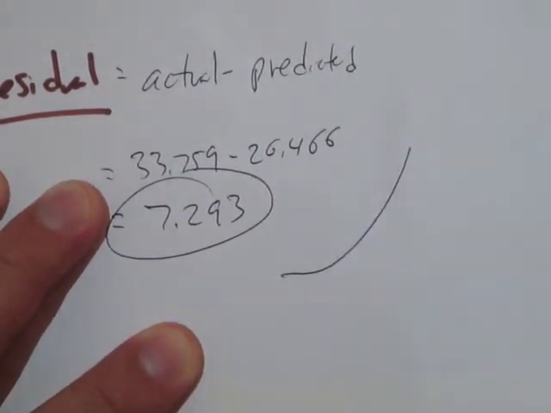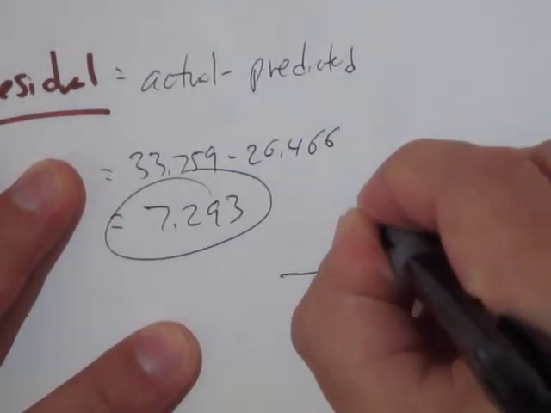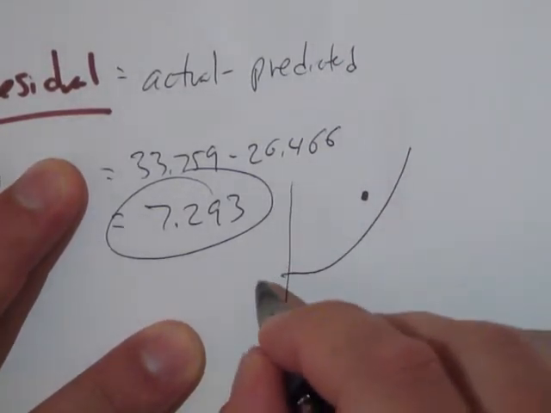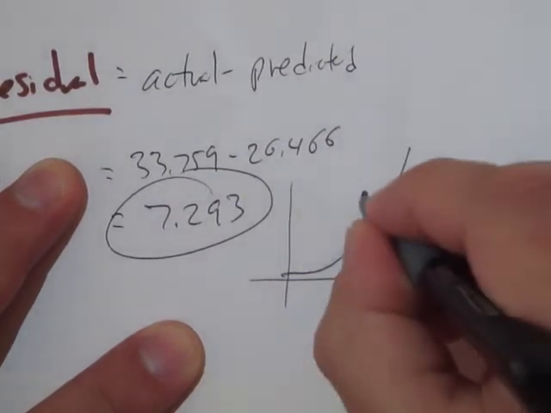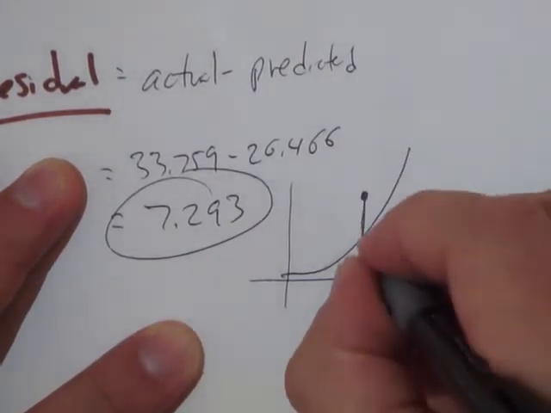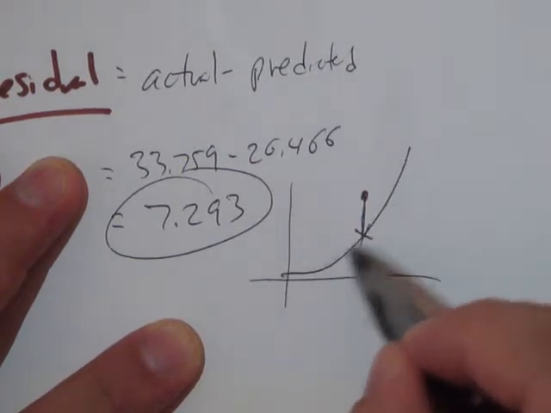So here's the curve, and we had a positive residual, so that means that our dot was above the curve. So here's like our XY axis, and so then there's our curve, there's our dot, and our positive residual meant that it was like this distance right here, so it was above the curve. Our prediction would be right there, on the curve. All of our predictions are always on the curve.